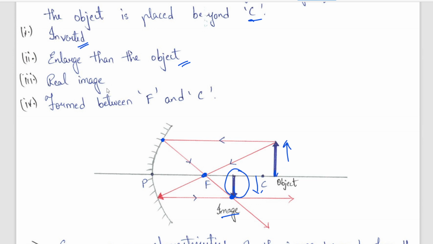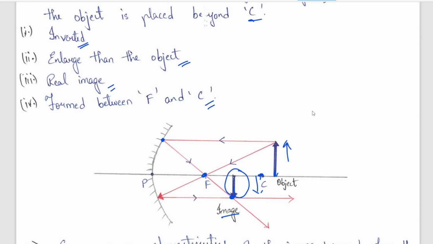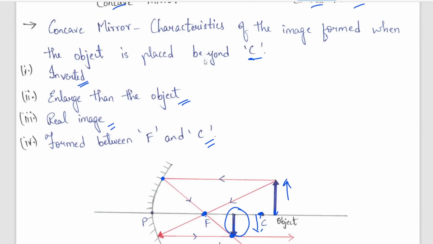Third, it is a real image, which is an image that can be seen on a screen. Fourth, it is formed between the focus and the center of curvature. You can clearly see in this that the image is formed between focus and center of curvature, right? So these are the four characteristics when we place the object beyond the center of curvature.